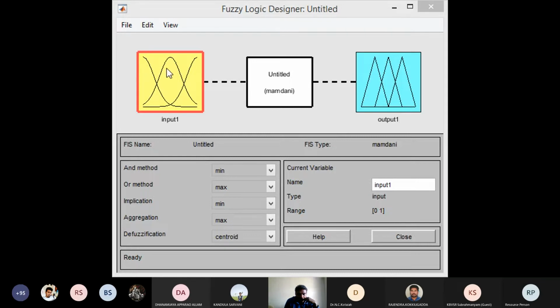After developing this, we need to export it by writing the file through export to workspace. Now we need to open the active clamp model file, ACFC with fuzzy.